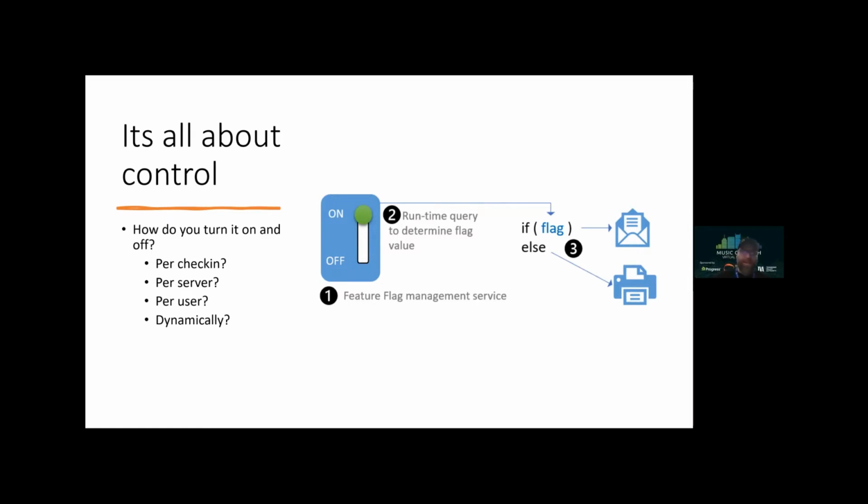Is it stored in a database, so that we can identify it per user or per some query string? Or is it dynamic, where it queries and figures out if a user has a feature or doesn't have a feature? This is where these feature flag management services come into play, where we can have either real-time querying at runtime of a flag value, or we can do caching, or we can do it at startup so that it just understands the value of the flags earlier on.